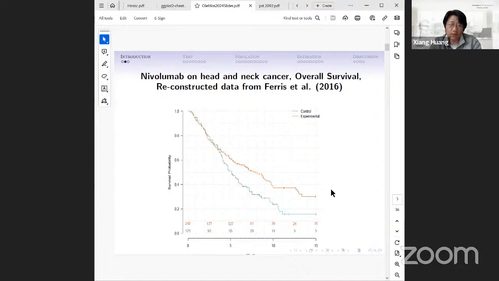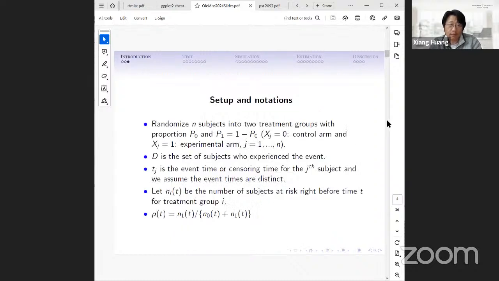But if there is a delayed treatment effect, then the standard log rank test is no longer the most powerful test. That's why people designed all kinds of so-called weighted log rank tests. Our method also tries to take account of the delayed treatment effect. So that's our motivation.